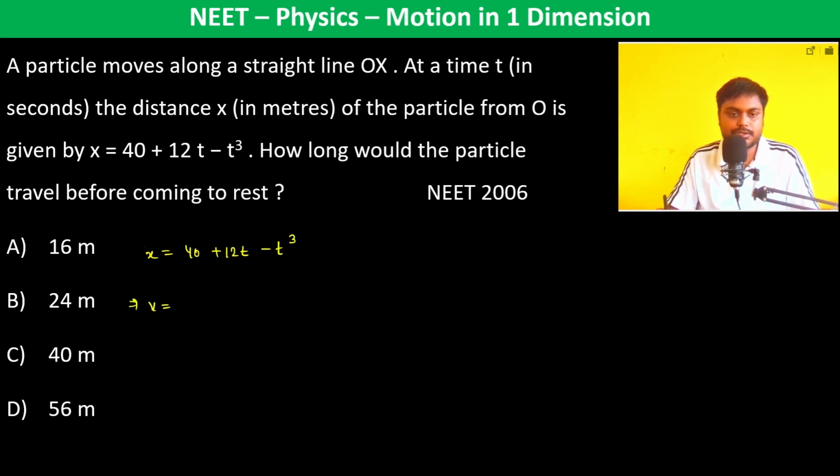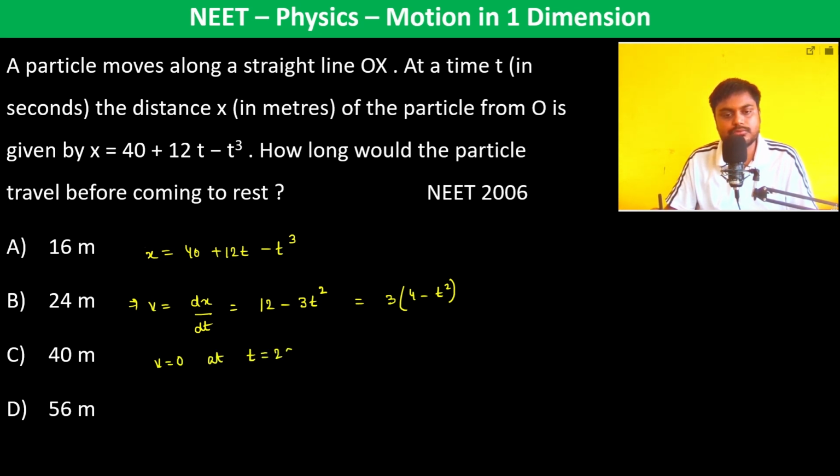So velocity is equal to dx by dt, which is equal to 12 minus 3t squared, which is 3 into (4 minus t squared). So of course the velocity is 0 at t equal to 2 seconds.